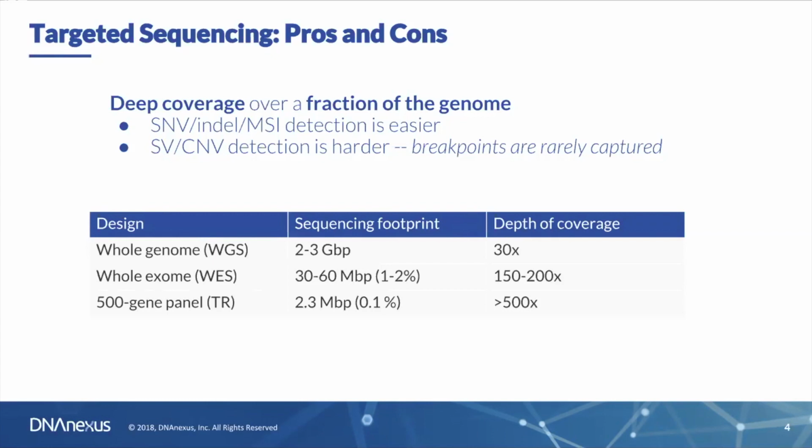That's 0.1% of the genome, 1,000th of the genome, but you get much higher depth of coverage, 500-fold. Given the normal variation in coverage across the genome, that can still give you the power to detect subclonal alterations in impure tumor samples. And that's the kind of sensitivity that we want for clinical applications.